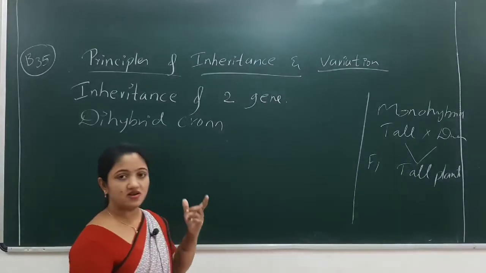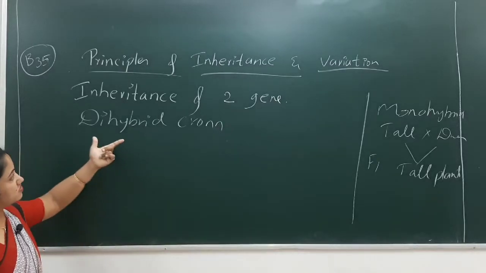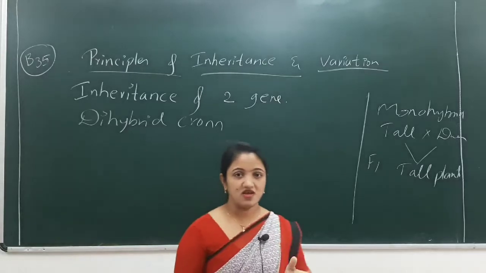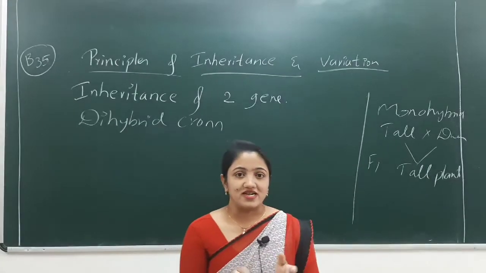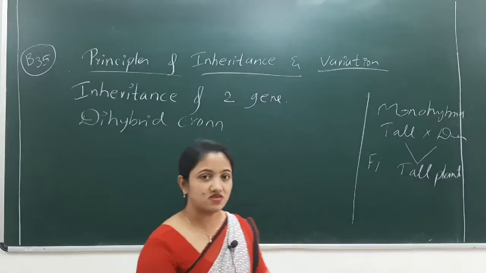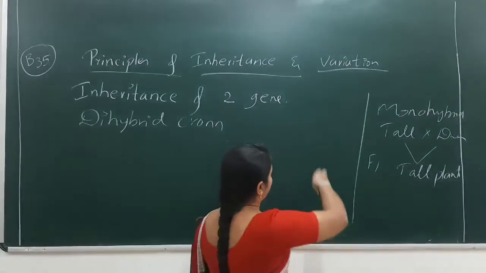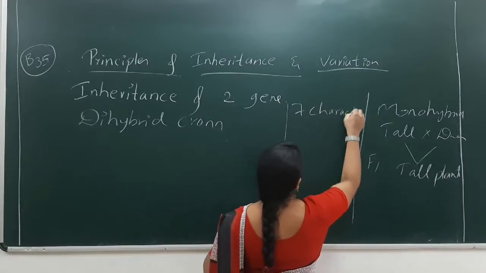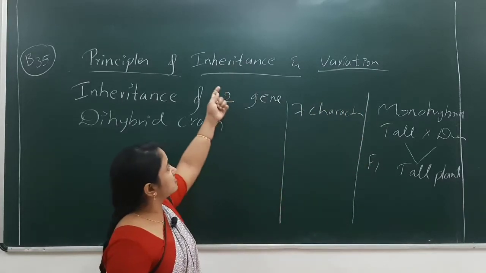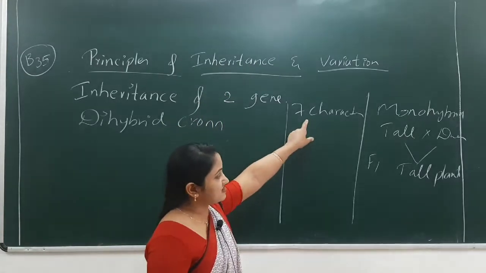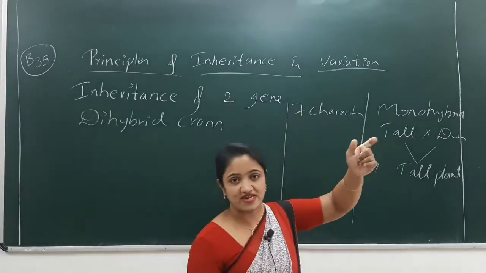But here in the dihybrid cross, or in the inheritance of two genes concept, Mendel selected two contrasting characters. Let me remind you one more time of the 7 characters that we studied in the introduction class of the chapter. Just go through those 7 characters.